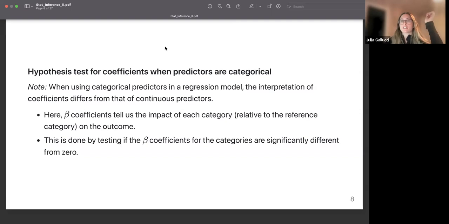This is asking a statistical inference question: is there a relationship between two variables? And if so, is the relationship positive, and is it statistically significant? It depends on the question you're answering. In the very first class we talked about predictive modeling versus inferential modeling. That's where we're talking now about statistical inference.